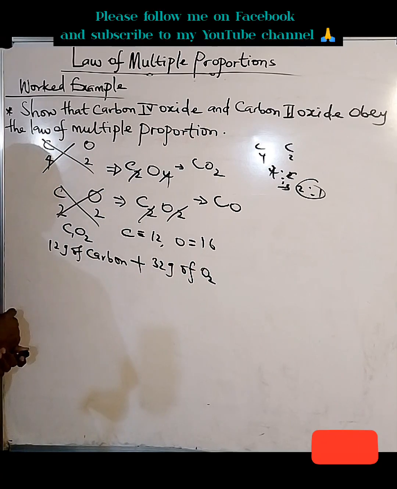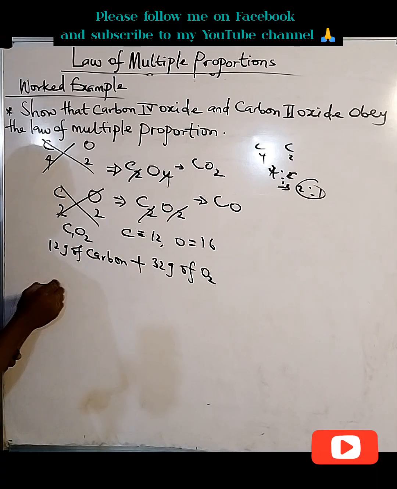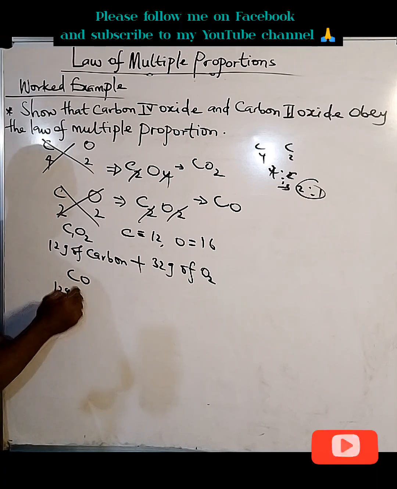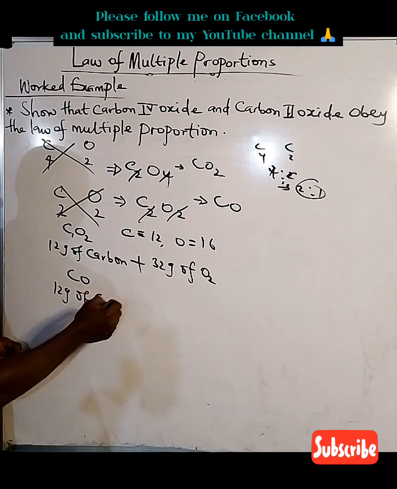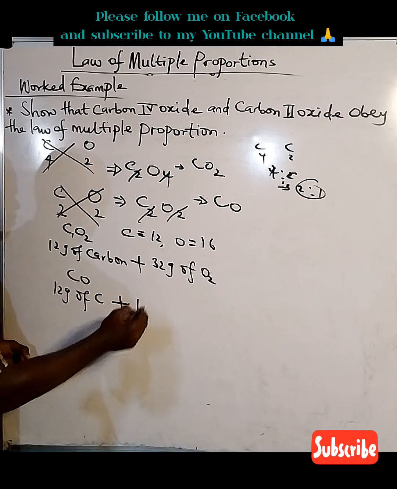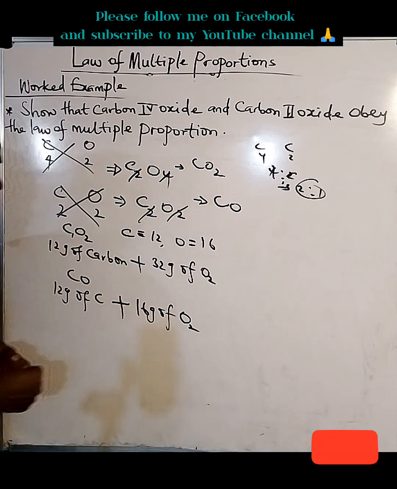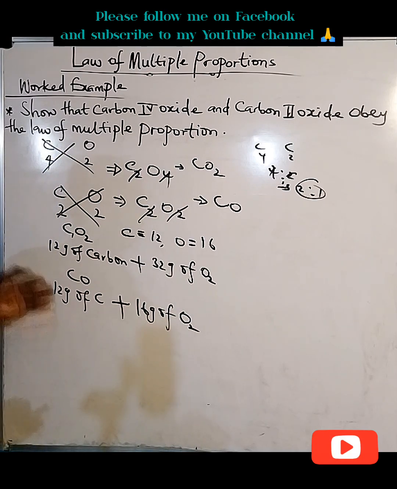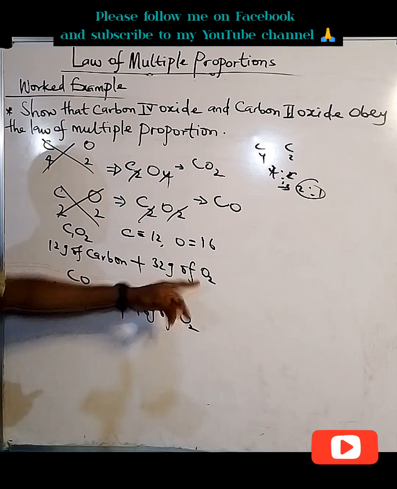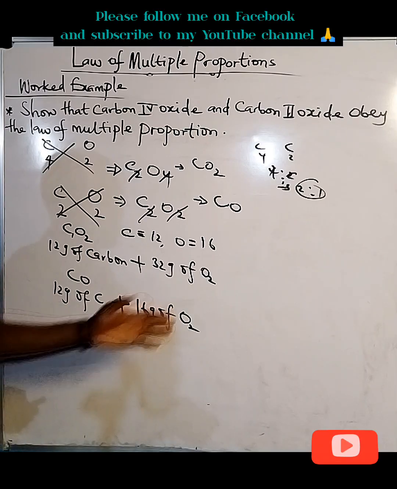That's what we have for the CO2. And also for the CO, what we have here is 12 grams of carbon combining with 16 grams of oxygen.